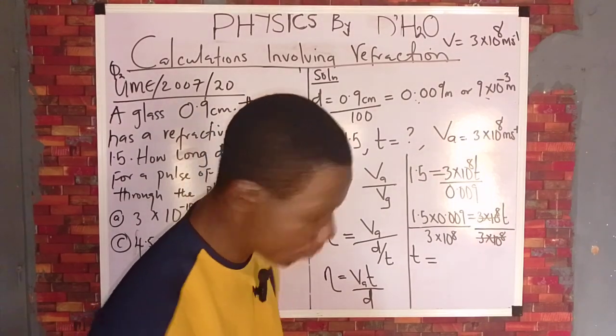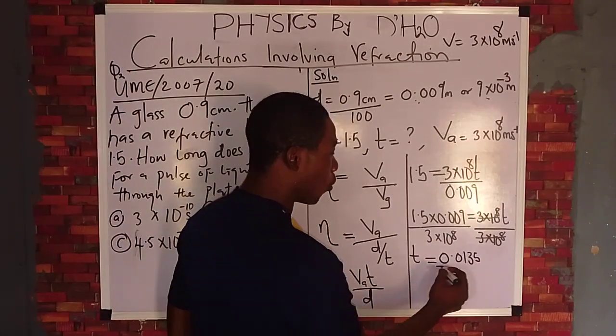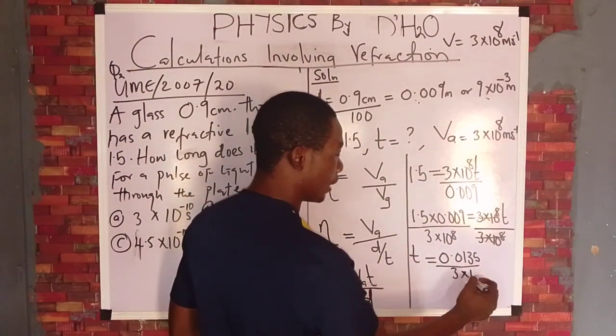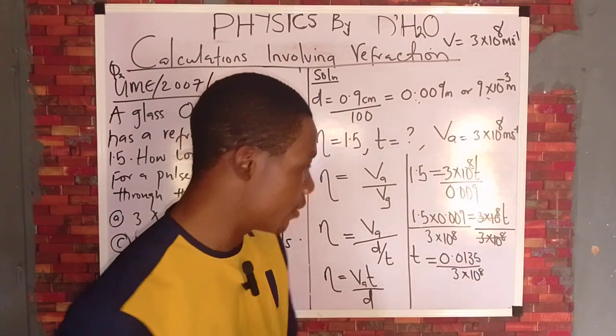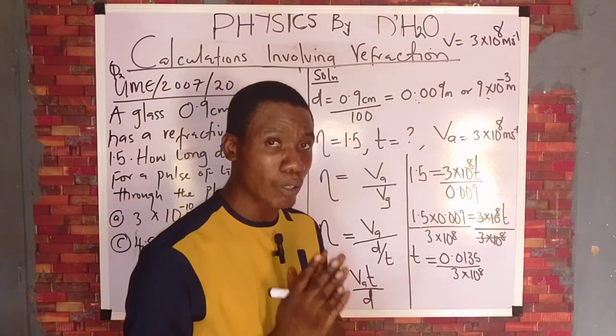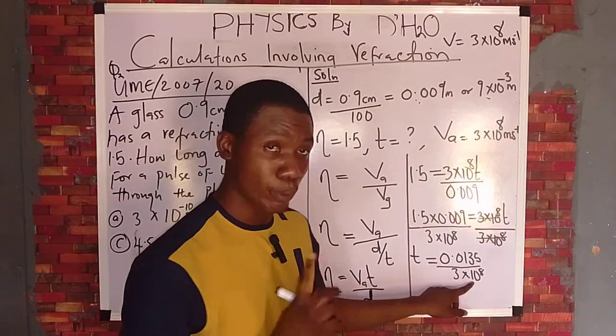Okay, 0.0135 over 3 times 10 raised to the power of 8. It will be very easy for us if we do this. Don't forget your calculator, if it's JAMB you are preparing for, it does not have exponentials.